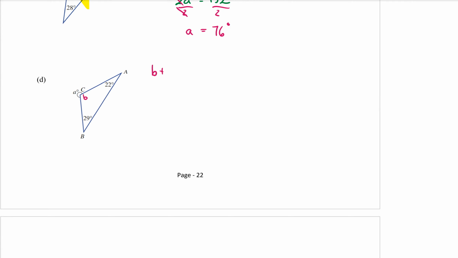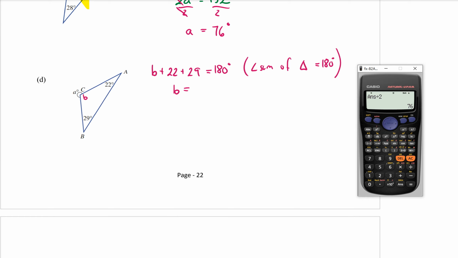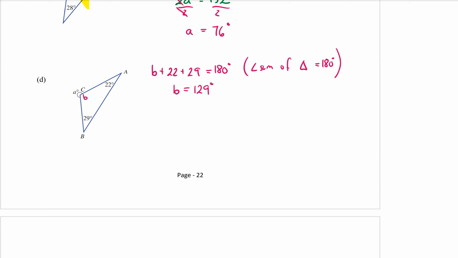B plus 22 plus the 29 equals 180 degrees. And that reason is angle sum of a triangle equals 180 degrees. Now to find B, we have to subtract those angles from 180. 180 minus 22 minus 29 is 129 degrees.